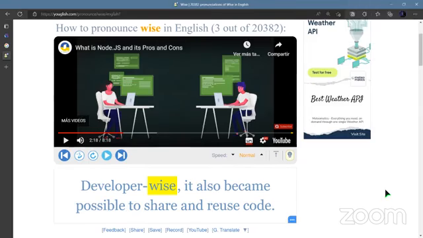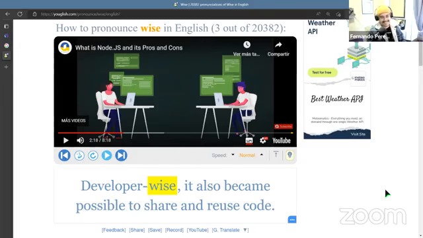Developer-wise. I know it's tricky. Yeah. It's interesting because we understand the context, but to explain is a little bit difficult, no?